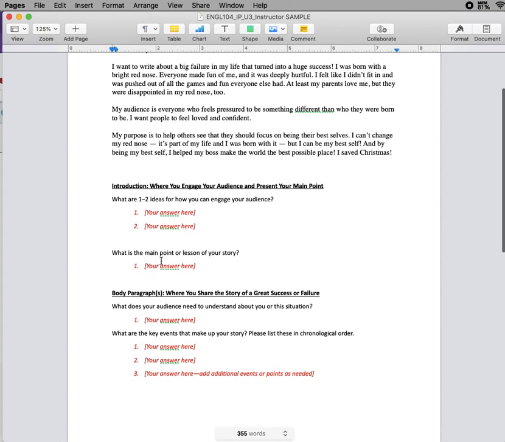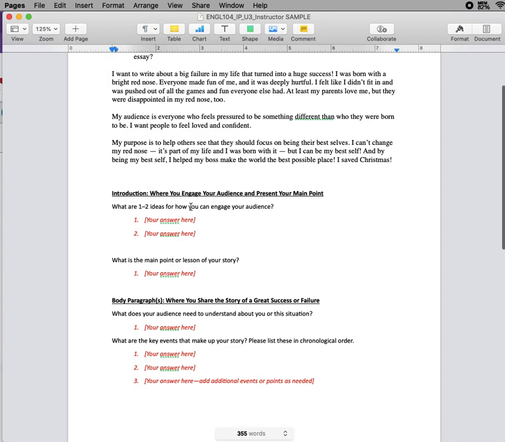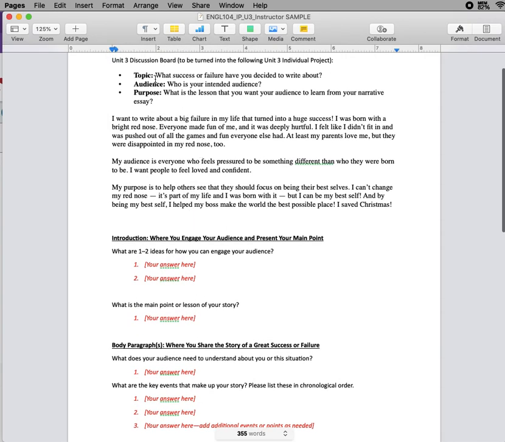Then I have, what is the main point or lesson of your story? This could be found in a couple of spots, but when I look at what I have written, I'm going to look at my purpose, and I think there's probably a main point or a lesson there. What if we take this idea right in the middle of purpose?